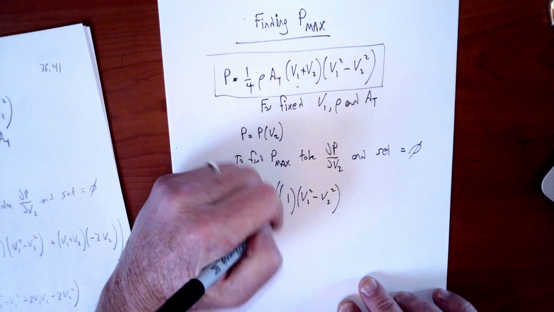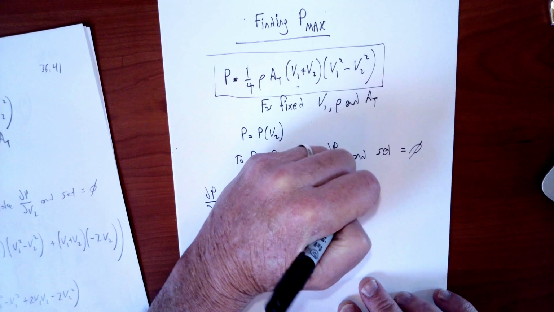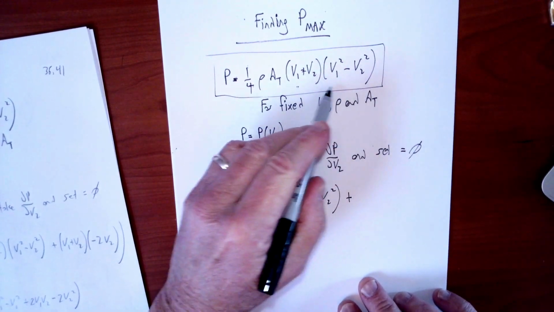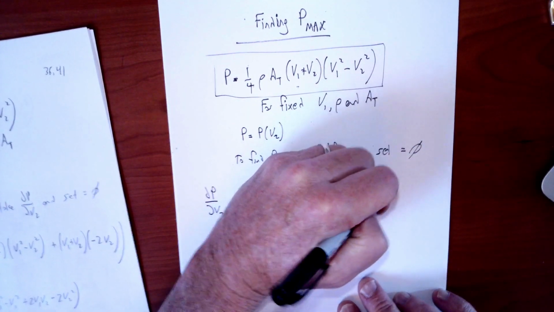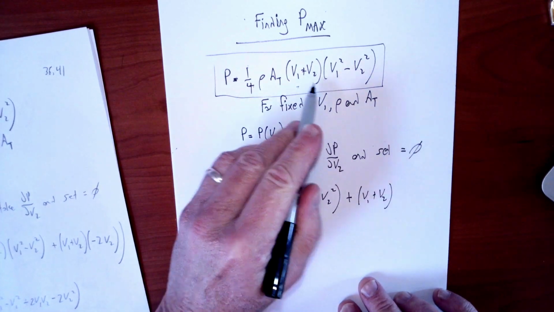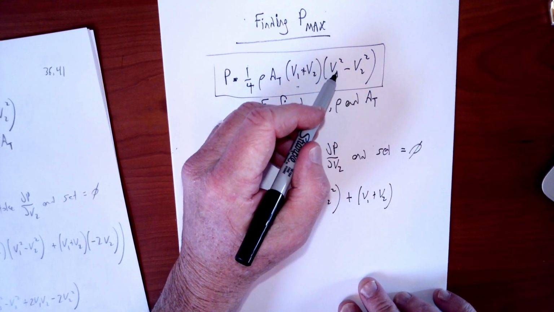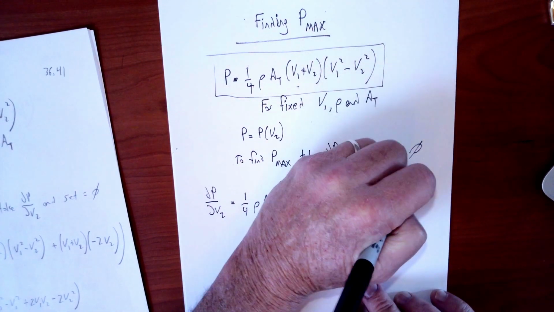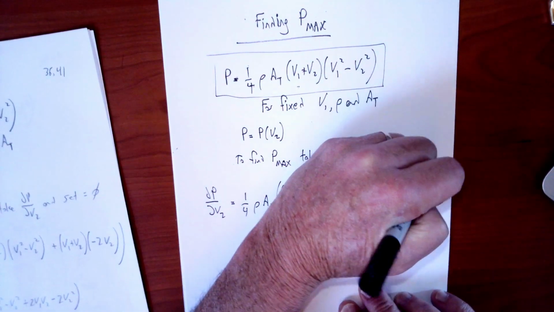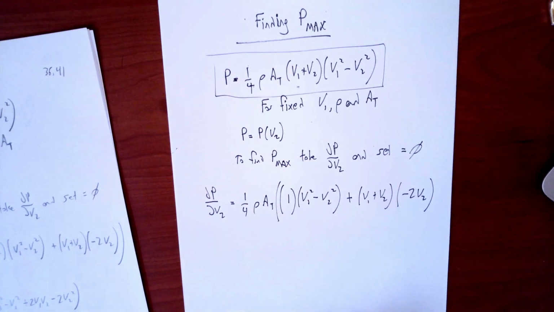Of course, I'm going to use the product rule here. And then I take the derivative of this one. So I have V1 plus V2, not touching this one, and take the derivative of that one. The derivative of V1 squared, of course, is still just 0. The derivative of negative V2 squared is negative 2V2. So there's my derivative.